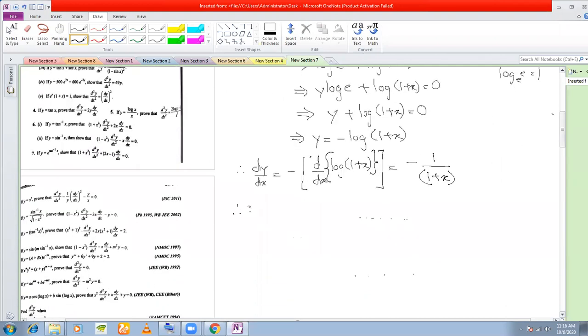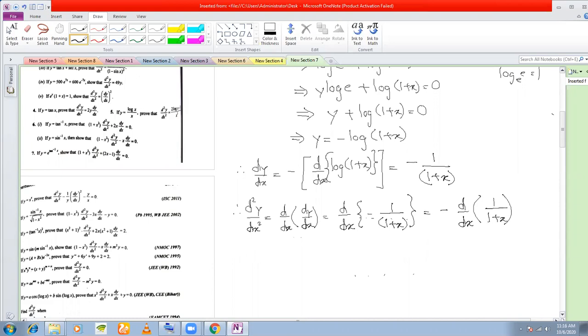Next, what is d2y dx2? d2y dx2 is d dx of dy dx, which is d dx of minus 1 by 1 plus x. So minus d dx of 1 by 1 plus x.